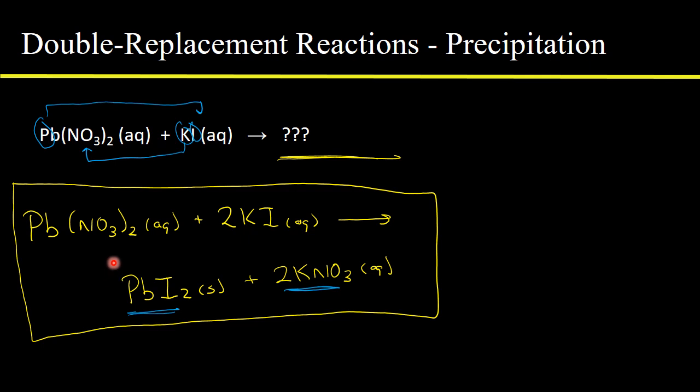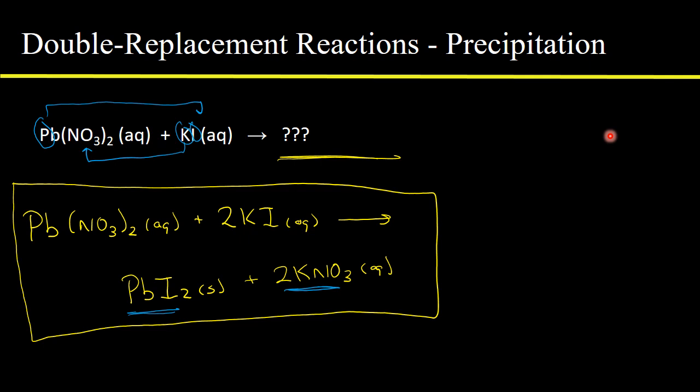Lead iodide, most halides are soluble, right? Iodide is in that column over on the right, so that's a halide. Most halide compounds are soluble except for silver, lead, and mercury. So because this is one of the exceptions, this is going to be insoluble and it's going to form a solid precipitate, and that's why I've got the S there. All right, so that's how we would write that reaction.